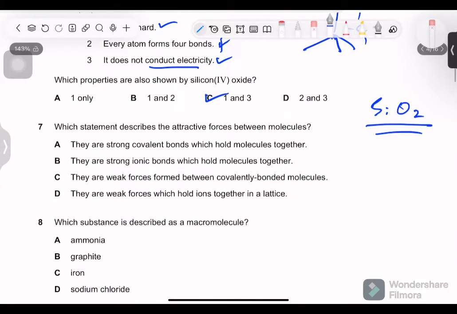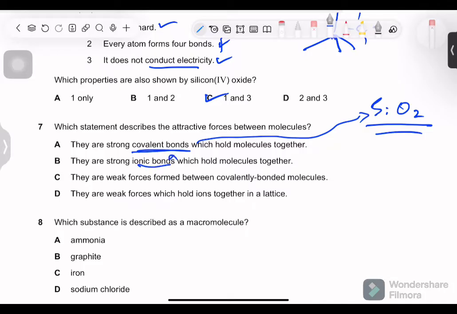Which statement describes the attractive forces between molecules? They are strong covalent bonds which hold molecules together. The attractive forces are not exactly the covalent bonds. The covalent bonds are strong, present in giant molecular structures. They are not strong ionic bonds.